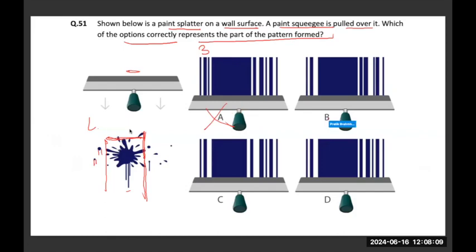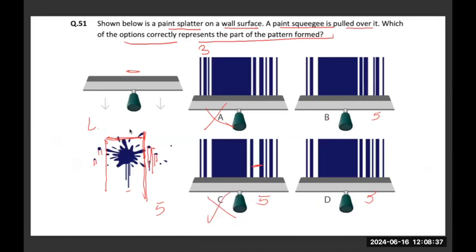Between B, C and D, the only distinguishing factor is the spacing. Here there are 5 strips, here also 5 strips, here also 5 strips, and in the option also we get 5 strips only. So I'm more interested in finding the spacing. Now when I try locating or outlining the strips, this one will have less spacing. In option C this spacing is more, so C will be wrong.